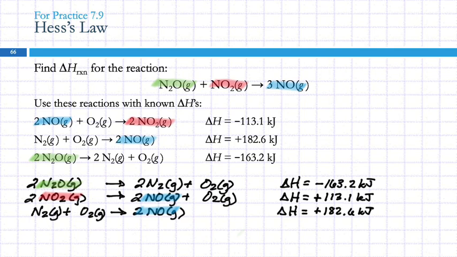So now we have to look at this and see, well, I've got nitrogen and oxygen on this side and nitrogen and oxygen on that side, but I don't have the right numbers of them. On this side I have 1 and 2, and on that side I have 2. So I could either divide by 2 or multiply by 2, one or the other.